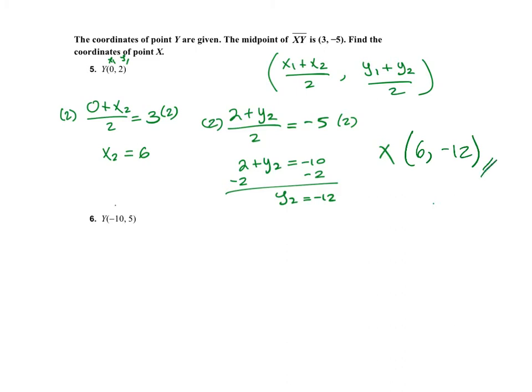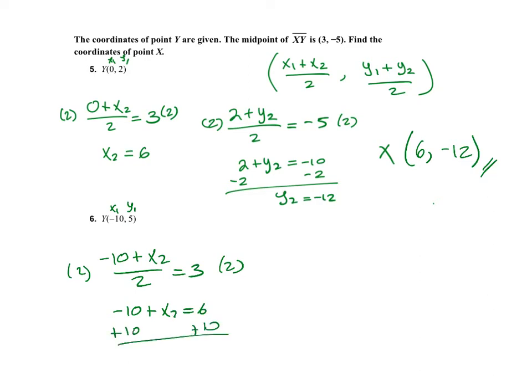And the next one, again, is x1, y1. So negative 10 plus x2 divided by 2 equals 3, times 2 on both sides. So x2 equals 6 plus 10, so x2 equals 16.